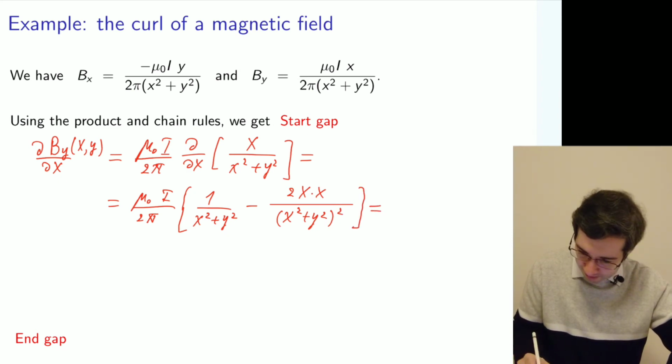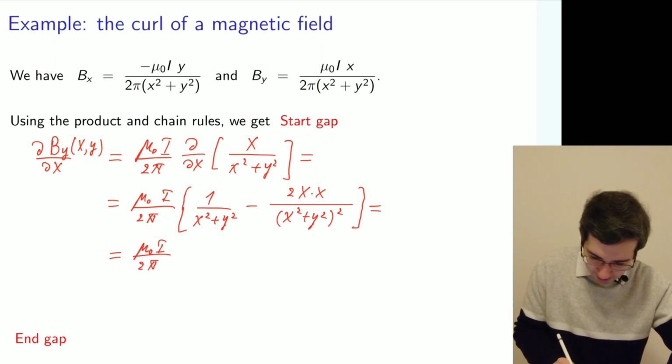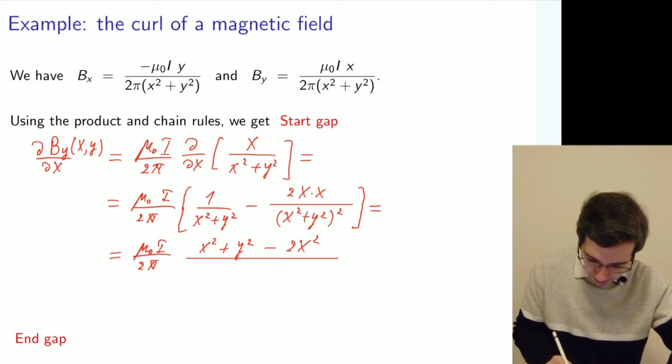If we simplify it a bit, we have mu naught I over 2 pi times x squared plus y squared minus 2x squared, and the denominator is the same.